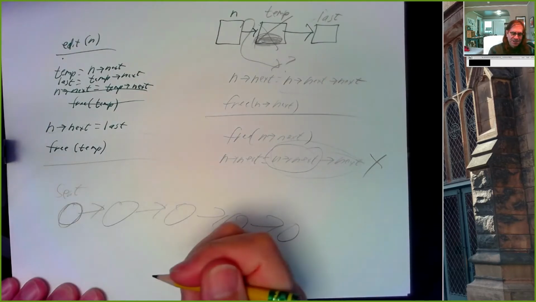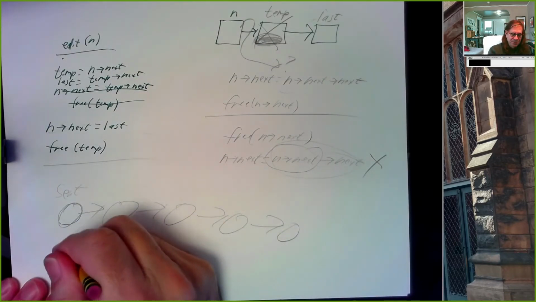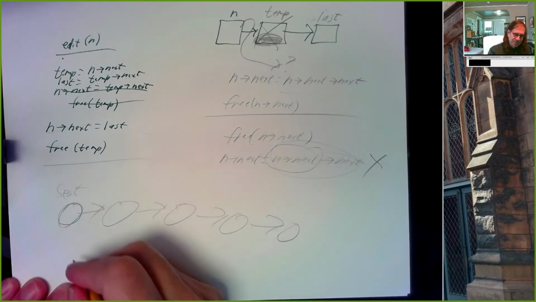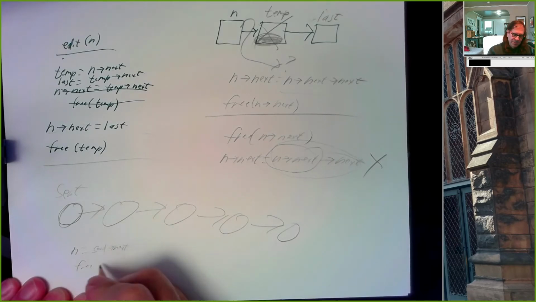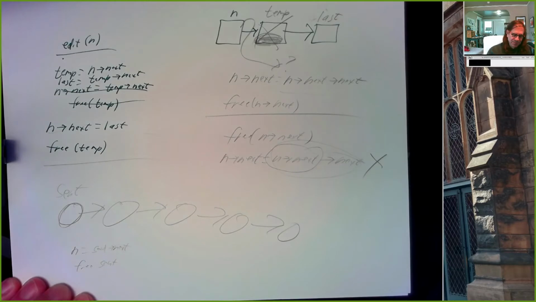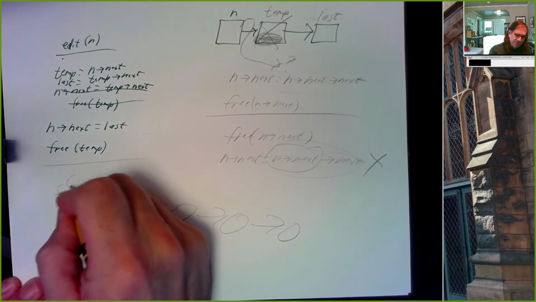Well, we can't free the Sentinel until we use it, so next equals Sentinel next, free the Sentinel, and then, or current.